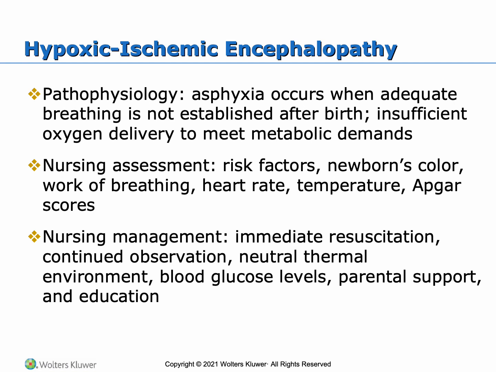So you're going to observe the infant's color, noting any pallor or cyanosis. Be alert for apnea, tachypnea, gasping respirations, grunting, nasal flaring, and retractions. Assess the newborn's temperature. Determine the APGAR score at 1 and 5 minutes. If it's less than 7 at 5 minutes, you're going to repeat that assessment at 10 minutes of age.